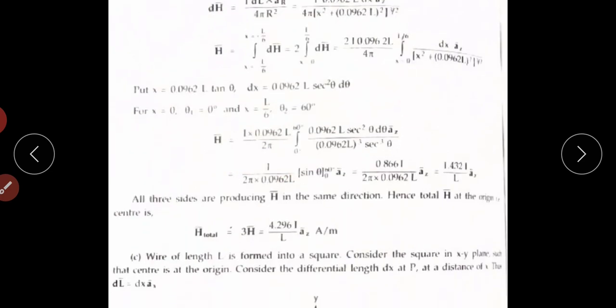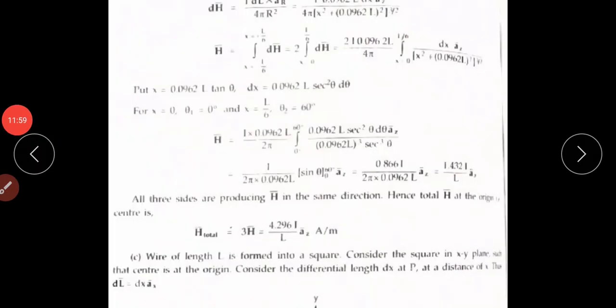So next, H bar equals I into 0.0962 L by 2 pi integral 0 to 60 degrees of 0.0962 L secant square theta d theta Az bar by (0.0962 L) whole cube secant cube theta. So it equals I by 2 pi into 0.0962 L times the integral of secant square theta by secant cube theta.